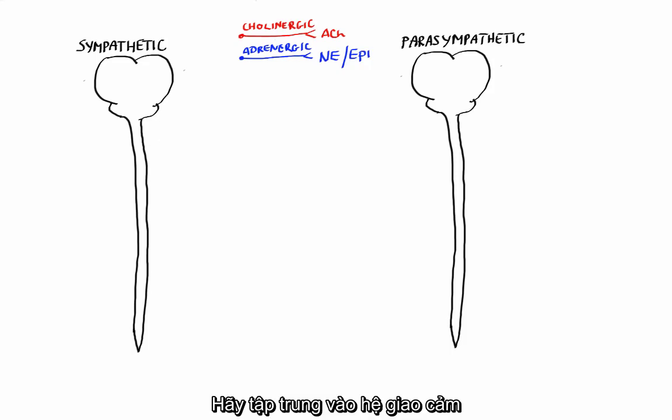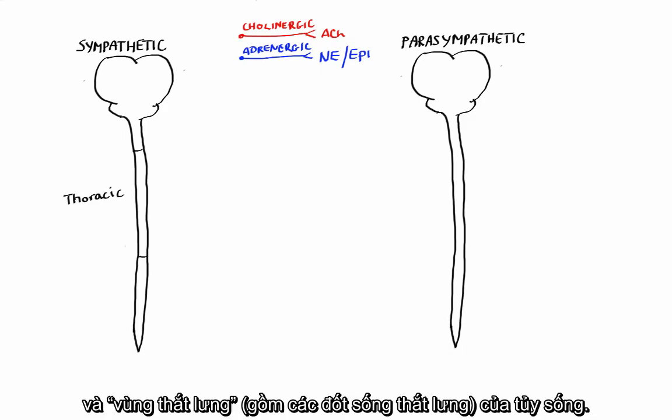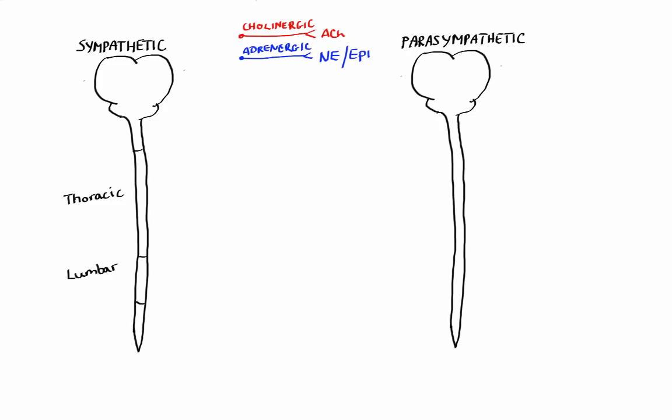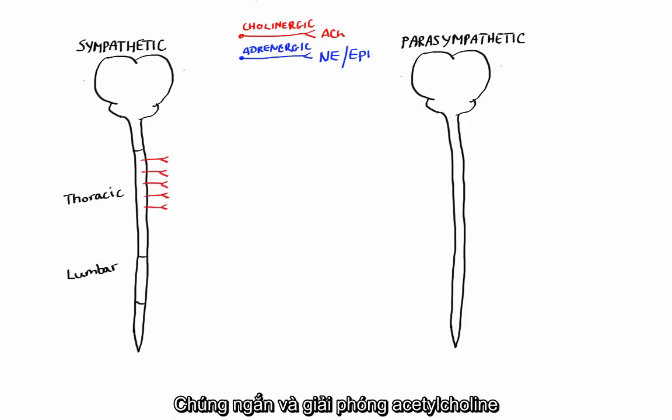And I'm going to use color blue to draw them. Now, let's focus on sympathetic division first. So, sympathetic neurons arise from the thoracic and lumbar regions of the spinal cord. And first, we have preganglionic neurons, which originate directly from the spinal cord. They are short and they release acetylcholine, so they are cholinergic.